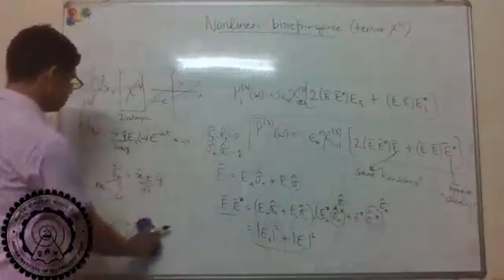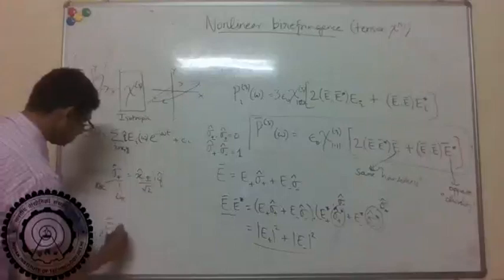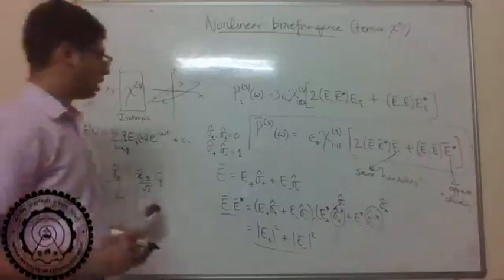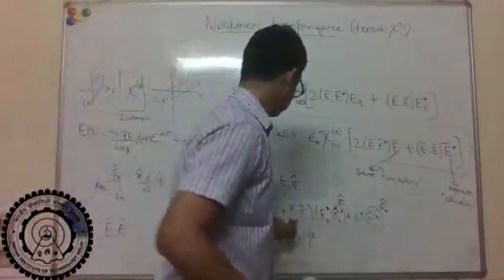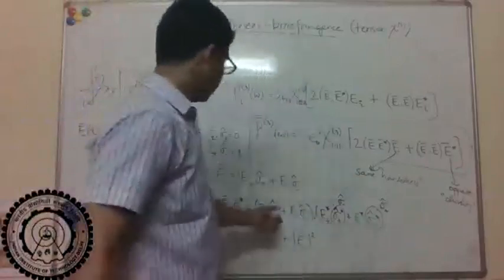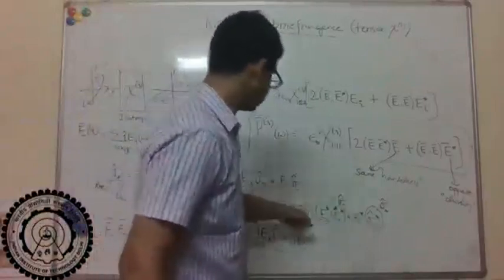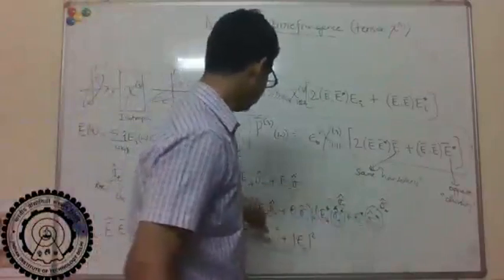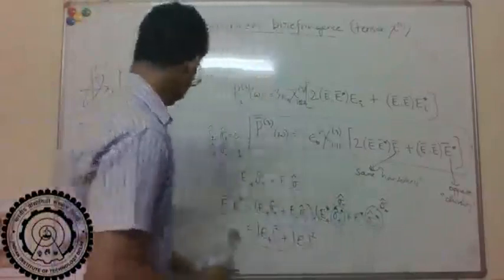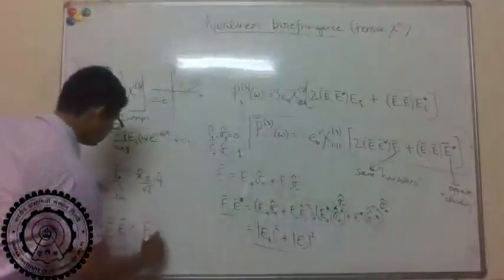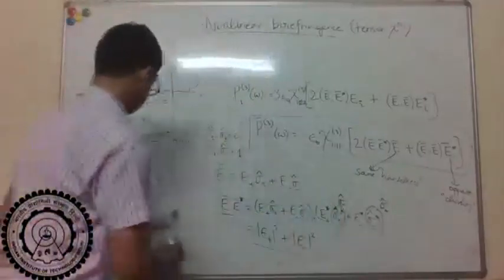And similarly, you can compute E dot E. So for E dot E, I have the same term coming again here, and so again I'll get sigma plus dotted with sigma minus. So I'll get E plus E minus, and the second term will also be E plus E minus, the sigma minus dotted with sigma plus.